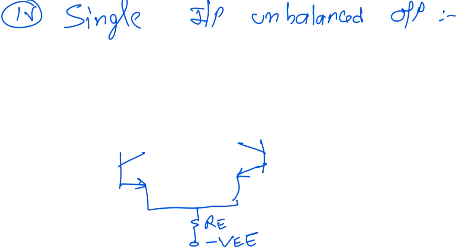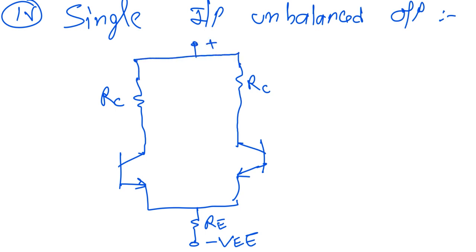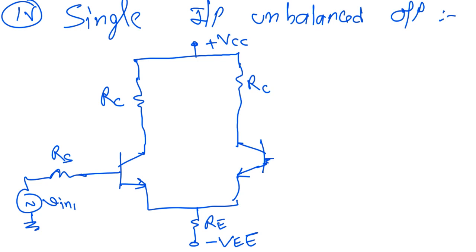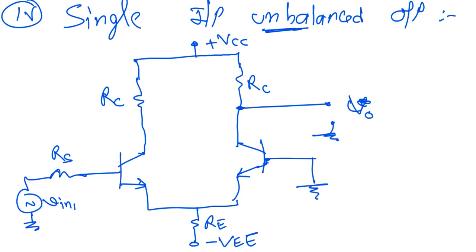Then we have two collector resistances RC, and the collector resistances are connected to plus VCC, and it is a single input, so I will just show one input terminal, V in 1, and the other input terminal I will show to the ground. As it is an unbalanced output, I have to take output at only one collector terminal with respect to ground. So here is my output voltage V0. Now listen carefully.